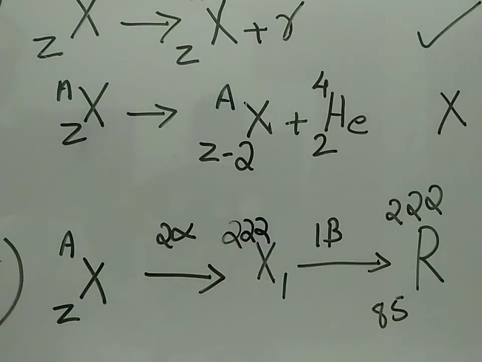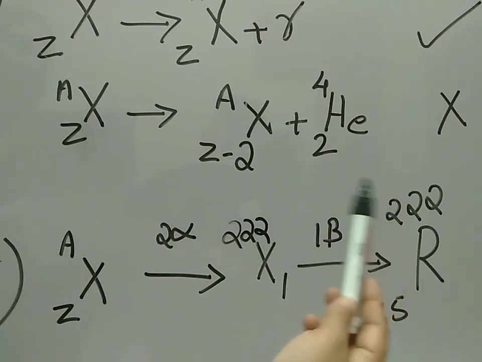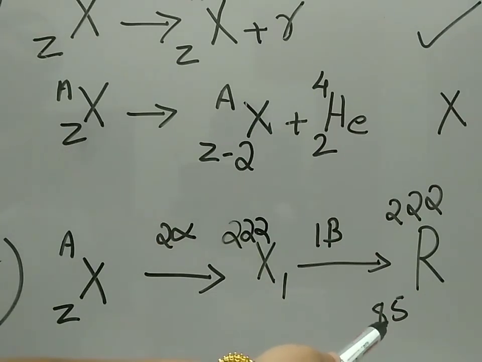Now there will be a change in the atomic number. Normally we add when going the normal way, but we are going the reverse way. So when a beta emission takes place, instead of adding, we have to subtract. That means 85 minus 1, we get 84. So we got 222, 84.